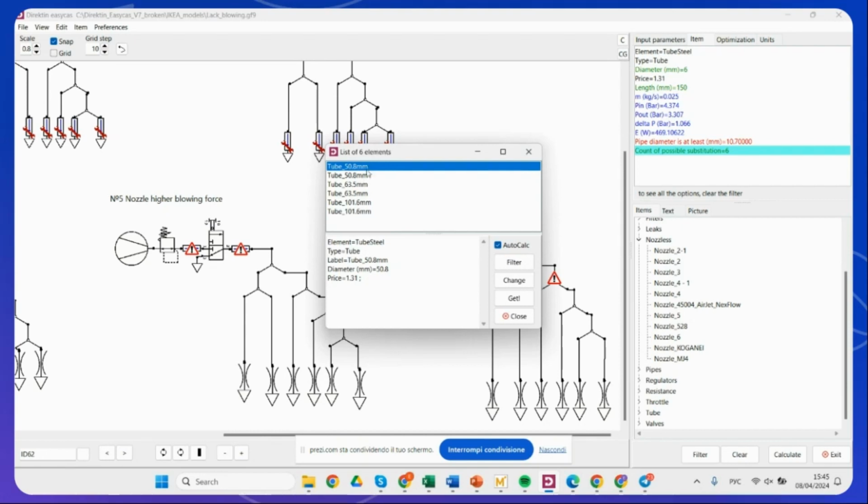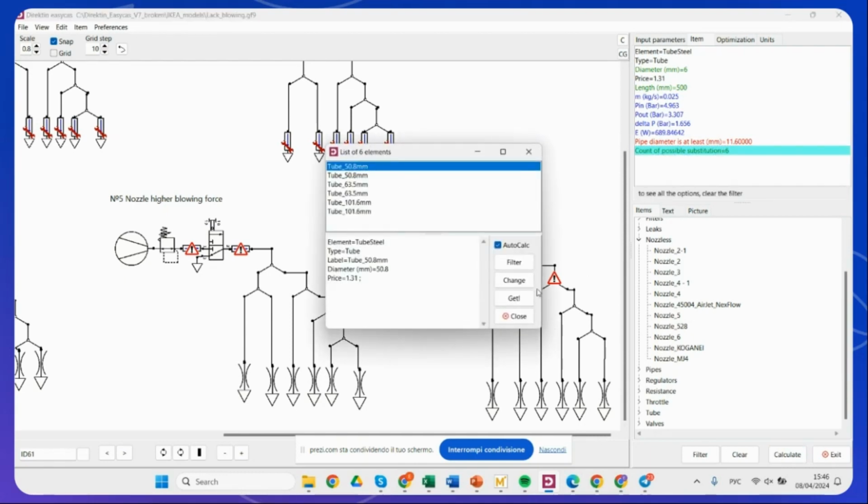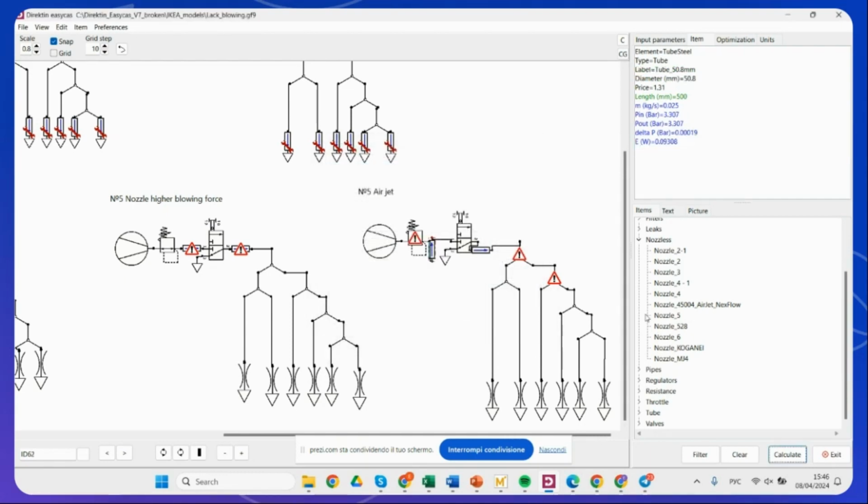So I suggest changing it to the next pipe diameter. I don't have the one that I want, but let's say just to avoid pressure drops. The same thing also here. So I just take the bigger one or the one that is available, and double click to align the components.